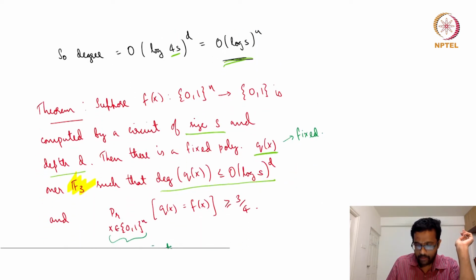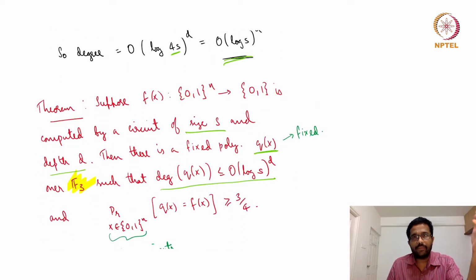And then we showed that if we have a family and a distribution that 1 by 4 approximates, then there is one polynomial in the distribution that will give us at most 1/4 error if you choose the input at random.